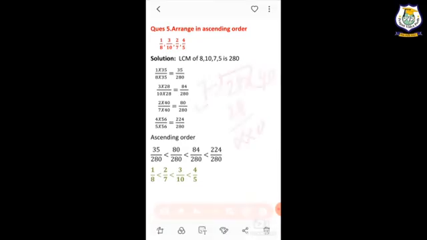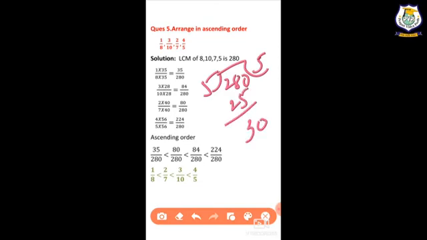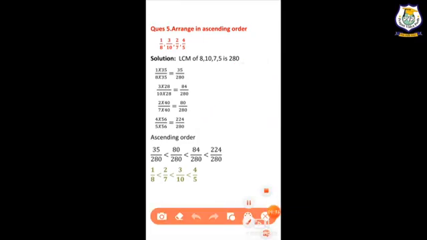Next, 4 upon 5, we have to find out by which number we will have to multiply. 280 by 5. 5 5s are 25 and 30. 5 6s are 30. When we multiply 56 in both the numbers, we are getting 224 upon 280.